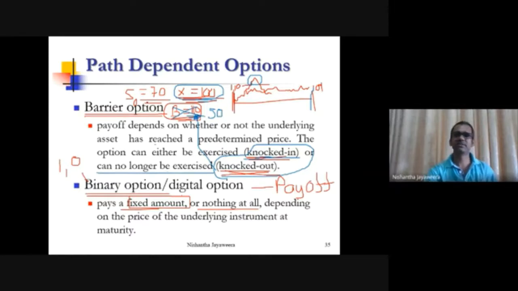Knocked in is like you are going for qualifying matches. If you meet the restrictions given in the qualifying matches, you qualify; if you don't win the qualifying match, then you are not participating in the tournament.